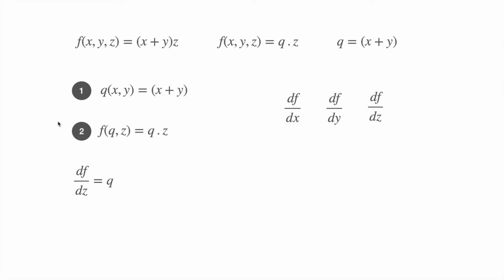If you imagine this as a neural network, this can be one layer, and this can be the output layer. So we start with the output layer first. So df by dz is q, which we have seen earlier. df by dq becomes z, and we have seen how to calculate the partial derivative for the multiplication operation.